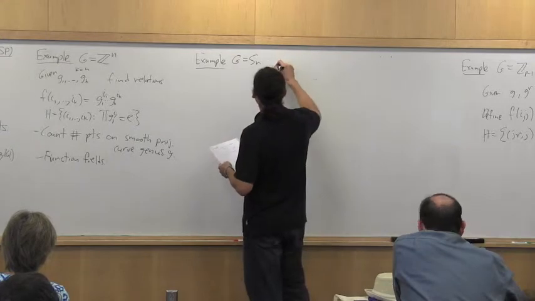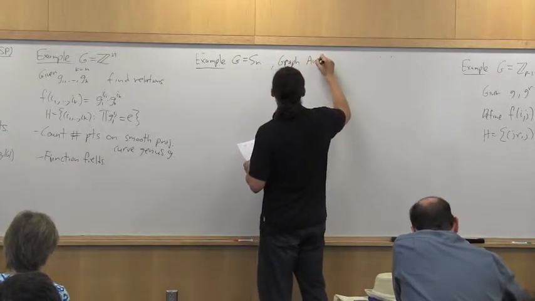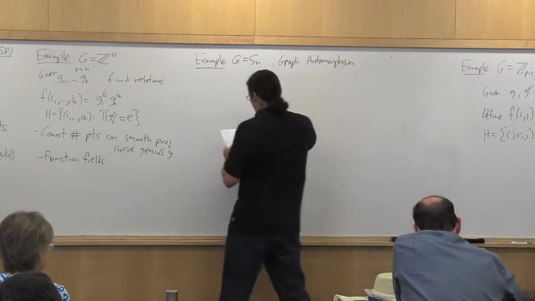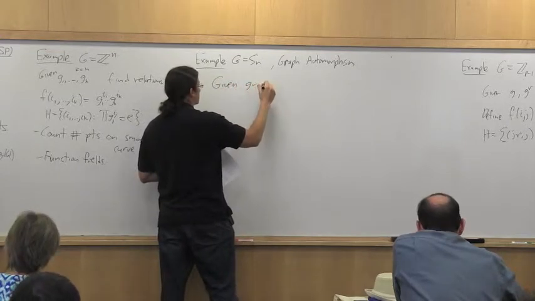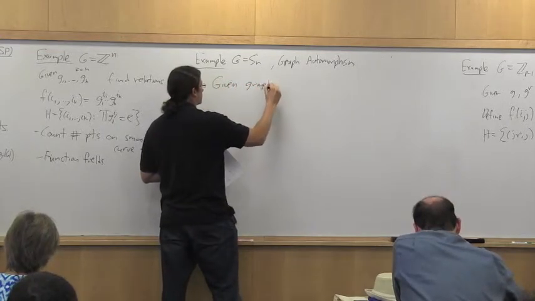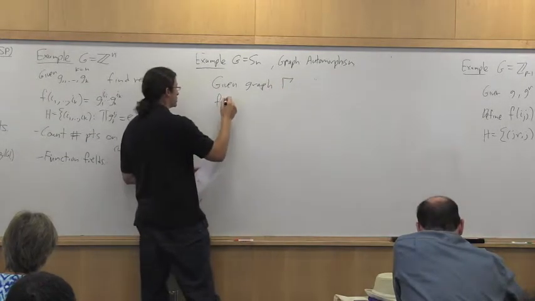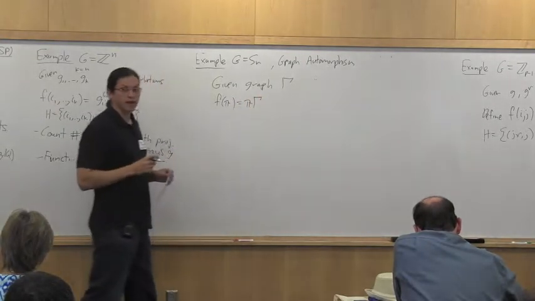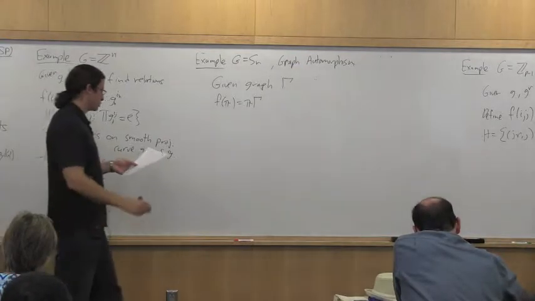Let's say I'll write it as graph automorphism, but you can do either one. Here you're given some graph and you want to figure out what the automorphisms are. You can just define f of a permutation to be the permutation applied to the graph. And then the hidden subgroup in this case is just going to be the automorphism group of the graph.